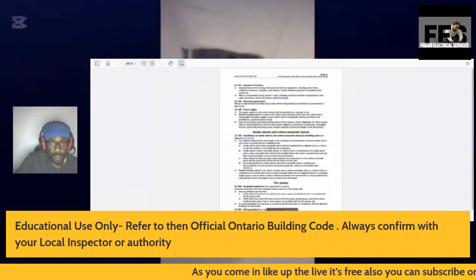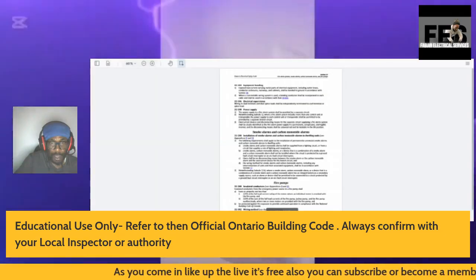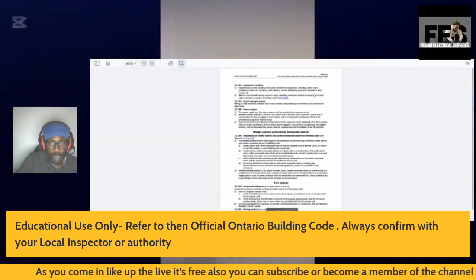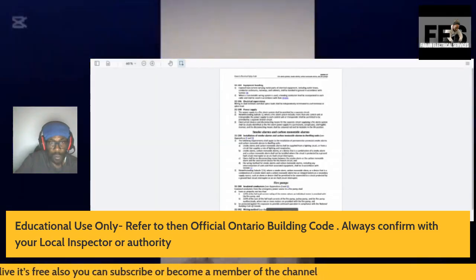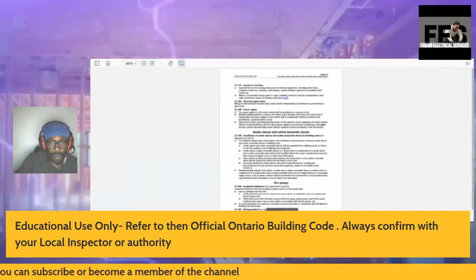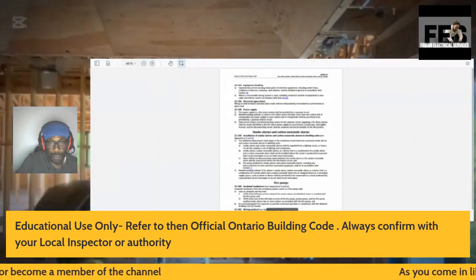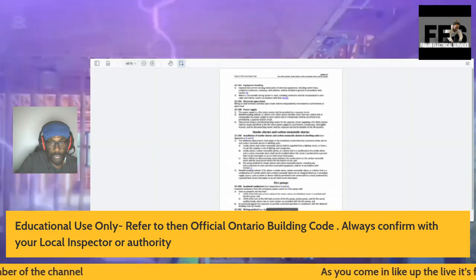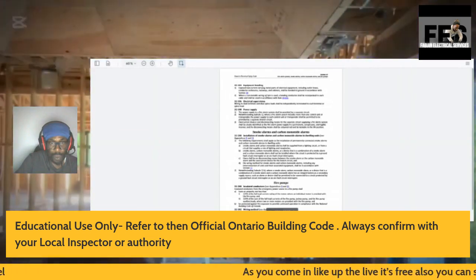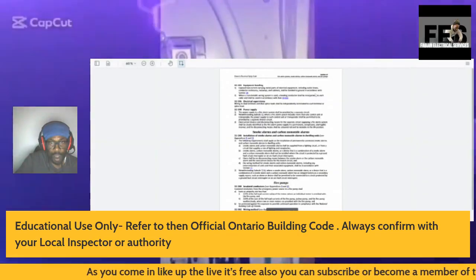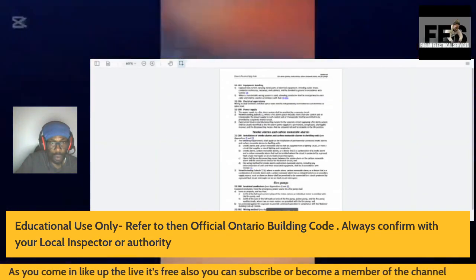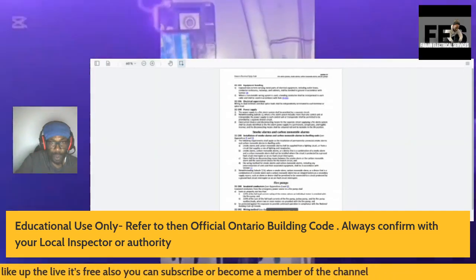Exposed non-current carrying metal parts of electrical equipment, including outlet boxes, conductor enclosures, raceways and cabinets, shall be bonded to ground in accordance with Section 10.